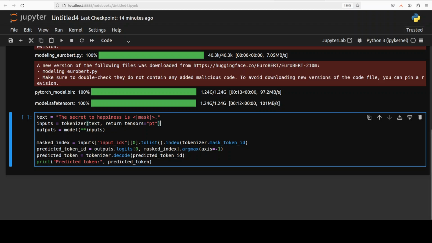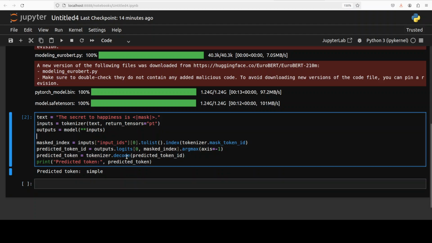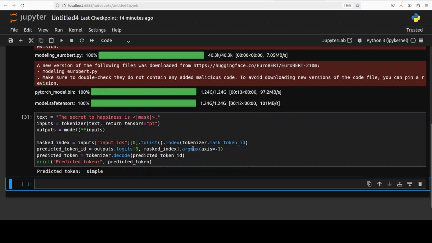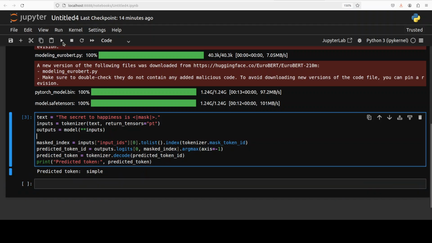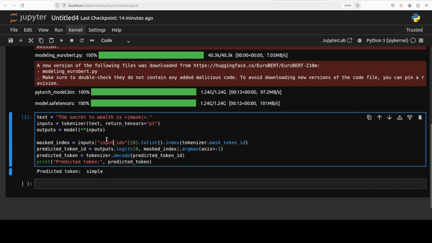So let me run this. The next token which it has predicted is "simple". Let's rerun it. It's still simple. Okay, I'll just say the secret to wealth is, again simple. That's interesting.